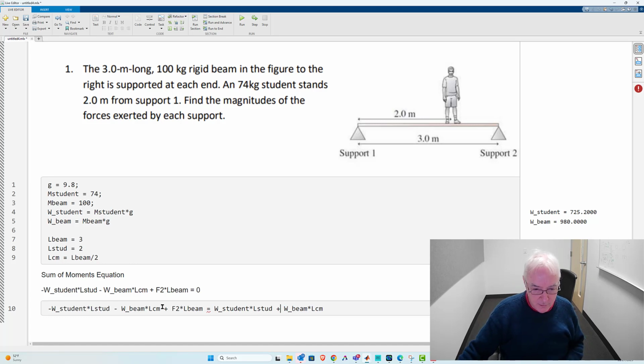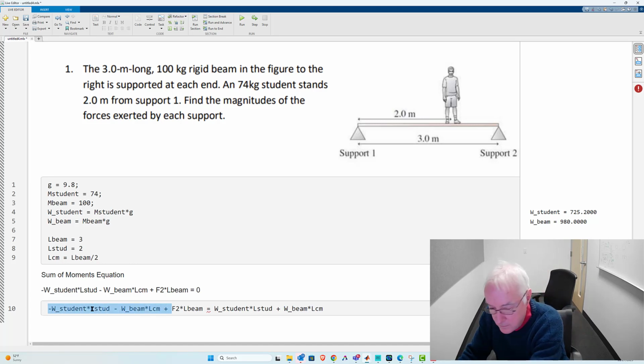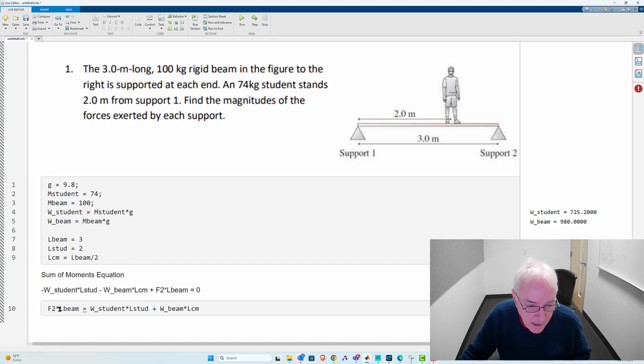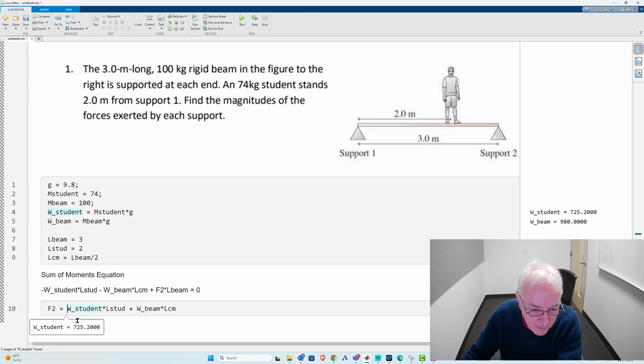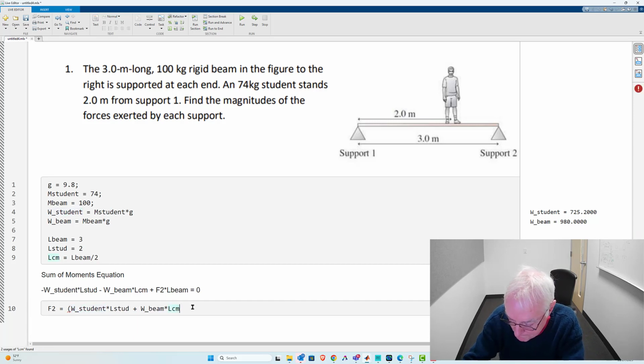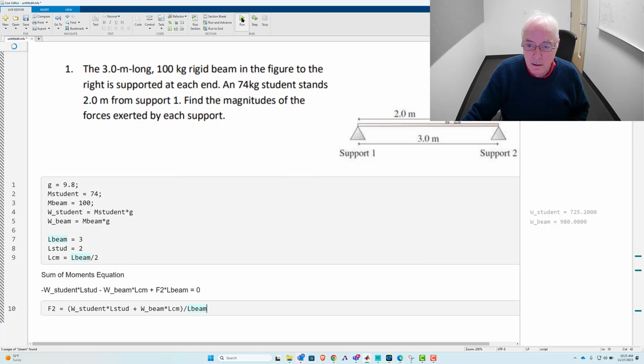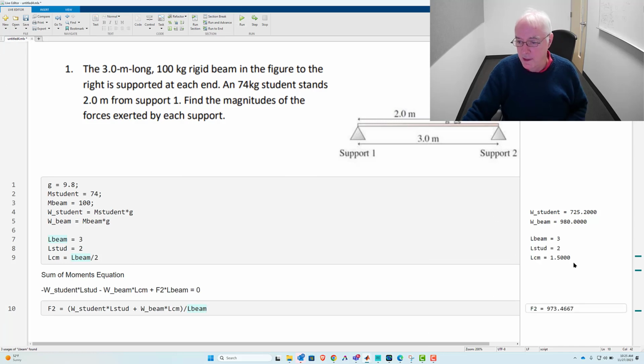All right, so we got all this there now. Let me delete that. And then all we got left is to divide out the L beam part. So let's go Control X. Let's group the two terms here with parentheses, and we'll divide. And we'll hit run, and that's what we get.